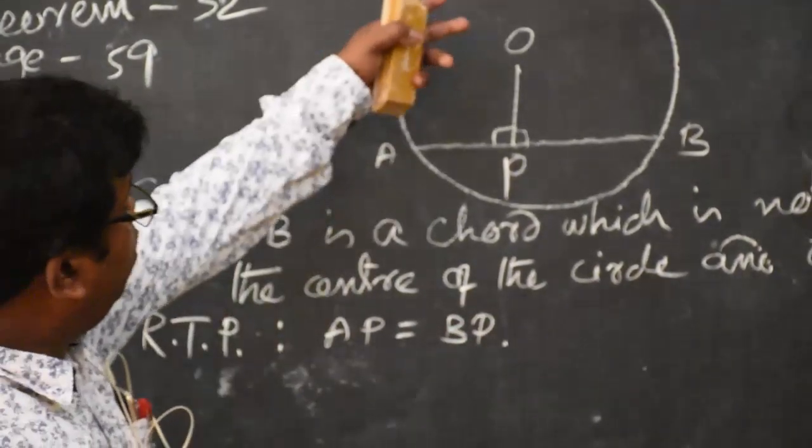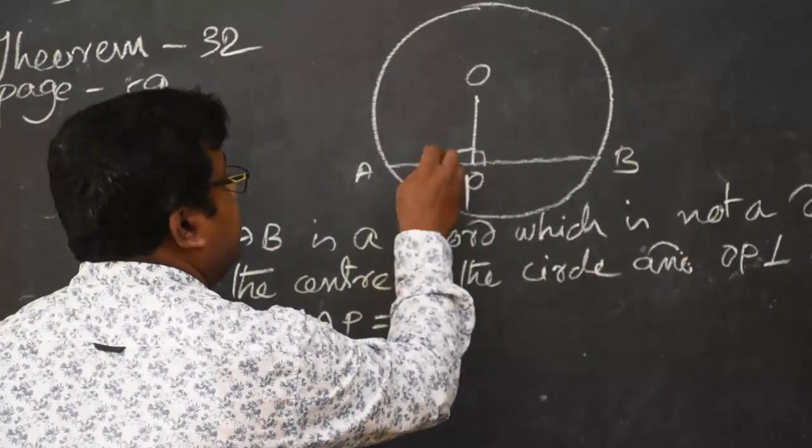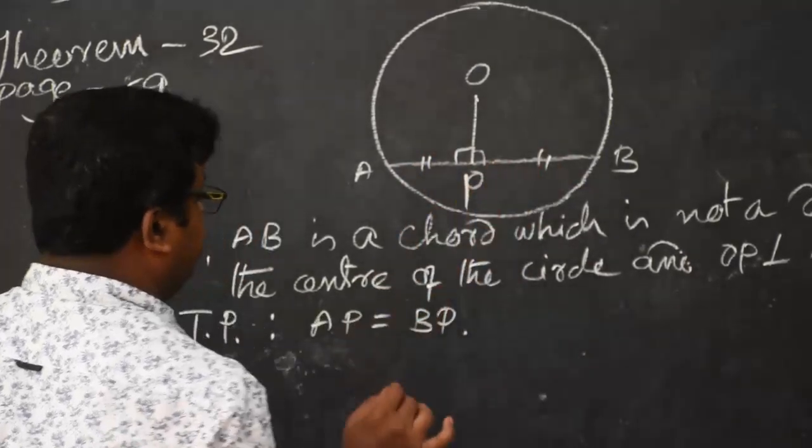That is, OP bisects the chord AB at point P. You have to prove it.